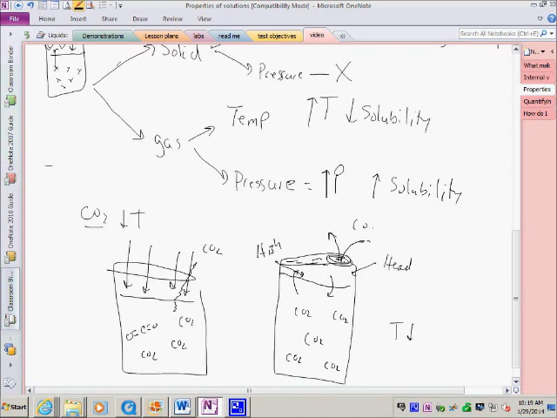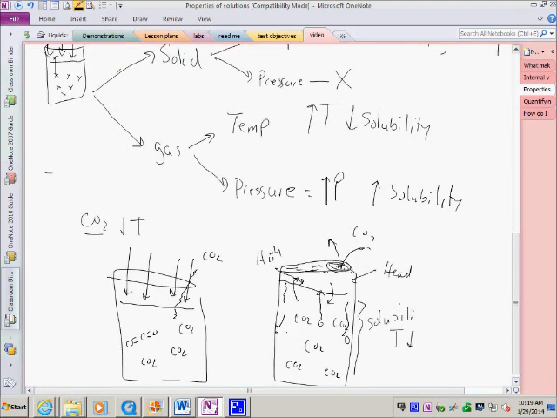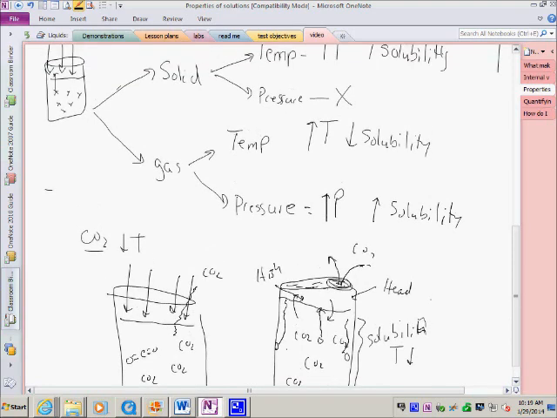This carbon dioxide, this head gas, and immediately you'll start seeing bubbling occurring, going to the surface, bubbling occurring, going to the surface. And that's because with the reduction of the pressure above, the solubility of this gas is simply dropping.